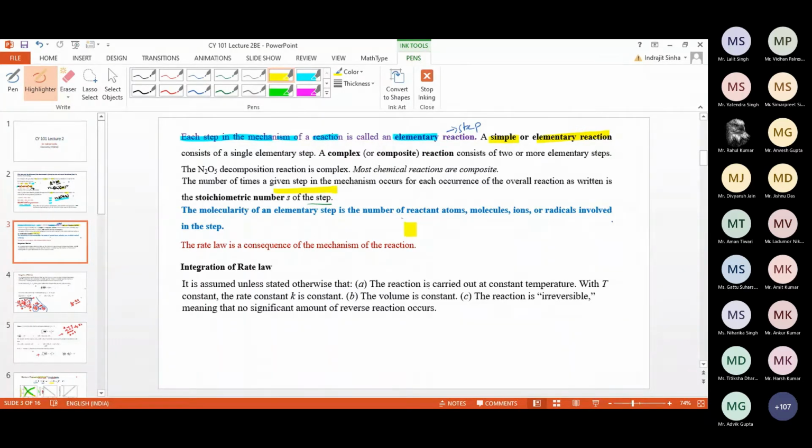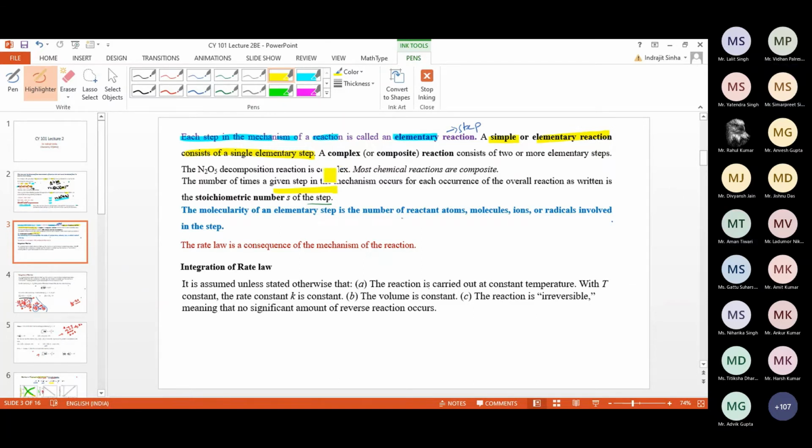So if a reaction has only one step, it consists of a single elementary step, then it is an elementary reaction. Then only it is an elementary reaction. I think you have been taught about elementary reaction, or it has been mentioned in the class 12 book as well, if I remember correctly.